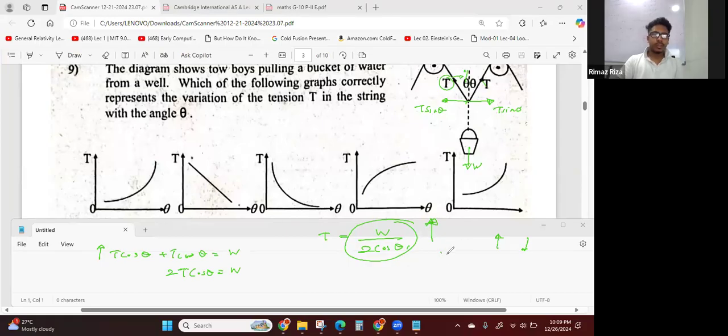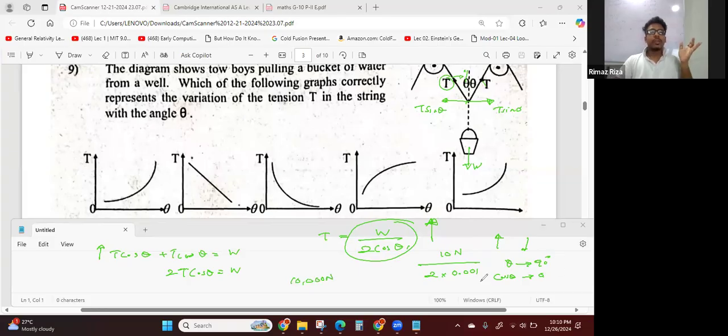For example, let's say W is 10 Newton, and the angle is very close to 90 degrees, so cos theta goes to 0. You are dividing by, let's say, 0.001. Then 10 divided by this will be 10,000.